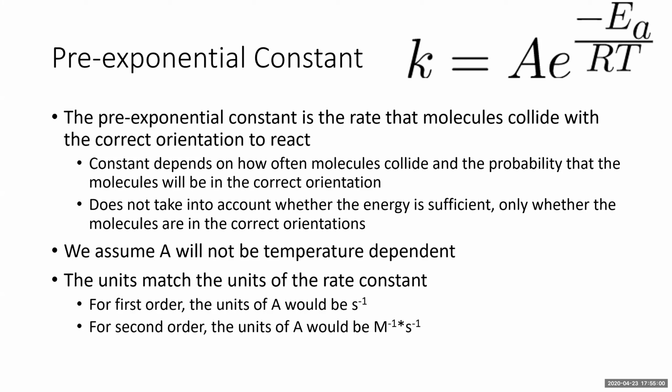So the units of this pre-exponential constant would match the rate constant, which for a first order reaction would be the reciprocal of second, so second to the -1. So the pre-exponential constant would also be with the units of second to the -1, and then for a second order reaction, it would be molar to the -1, second to the -1.